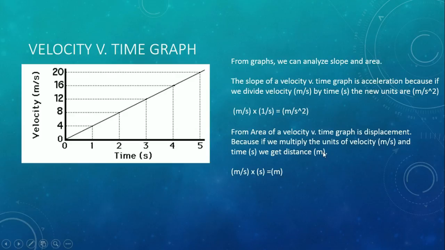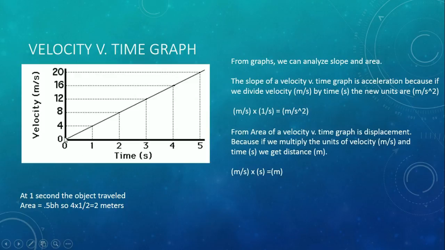Okay, so using this information, let's find the displacement at different times. At 1 second here, how far did the object travel? At 1 second, we see it's traveling 4 meters per second. So how do we get displacement? I just told you that it was the area. Everyone knows the area of a triangle is 1/2 base times height.